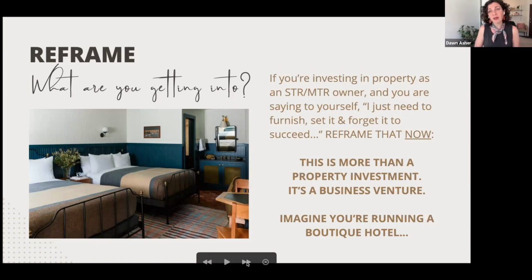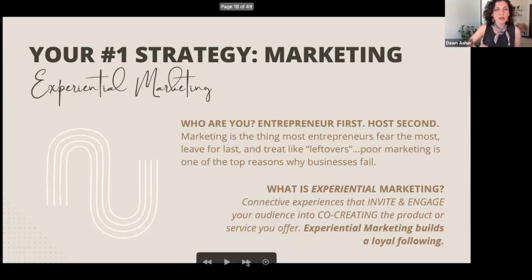If you grew up with a family that did the same hotel or the same condo every summer on that beach, like my family did, that's just not the average traveling lifestyle anymore. Travelers are looking for something new even if they go to the same location every summer for their annual family vacation. Even if they're going to the same region, they're most likely not going back to the same place every time.